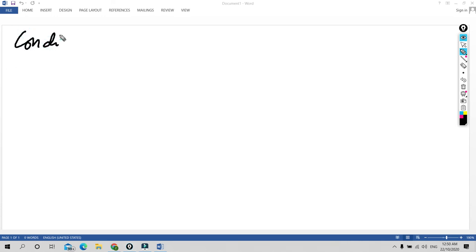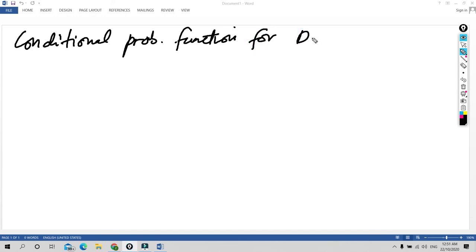The conditional probability function for discrete random variables, for a discrete probability function.